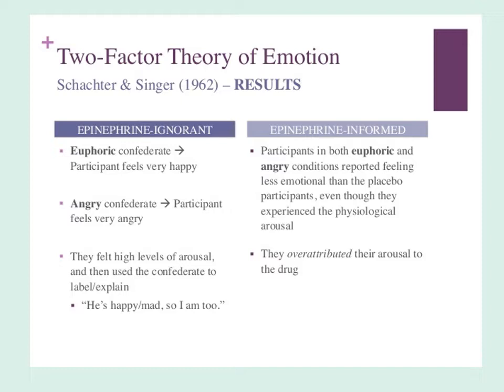The subjects who were informed of the arousing properties of the injection were not influenced that much by the behavior of the confederate. So in other words, what's happened is that the epinephrine ignorant group misattributed their arousal as consistent with the emotional cues they received from the confederate.